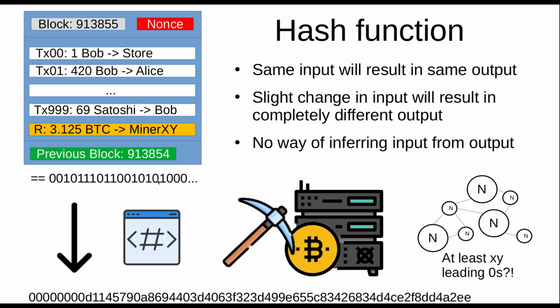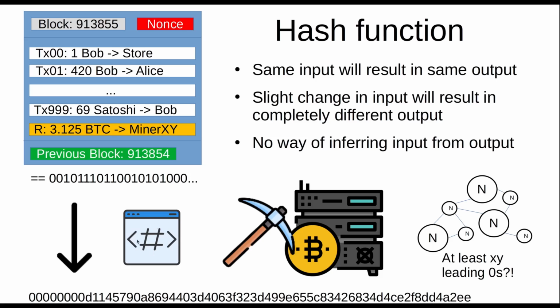And what the miners now do is that they can take this sequence and they can put it into a hash function, which is a well-defined protocol of how you can convert any sequence of ones and zeros into a specified length output.